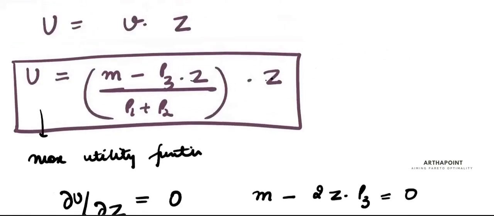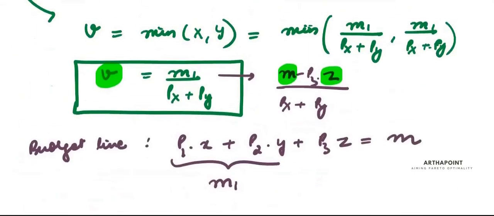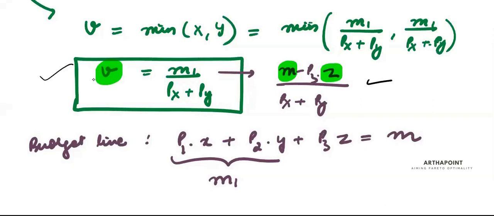I should remember how to find the Marshallian demands of X and Y. This kind of question has been repeated 2 to 3 times in the past year in Delhi School of Economics and in ISI. I've done one type. I will do many more questions of DSE in the next class.